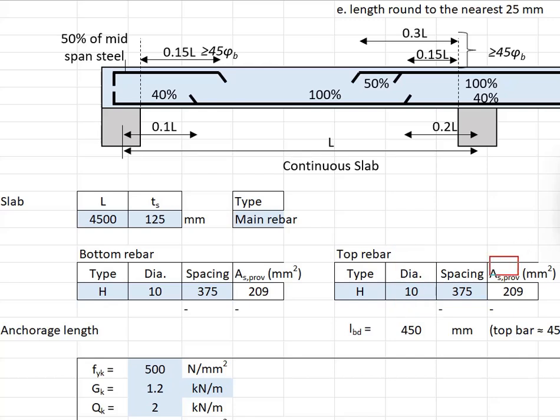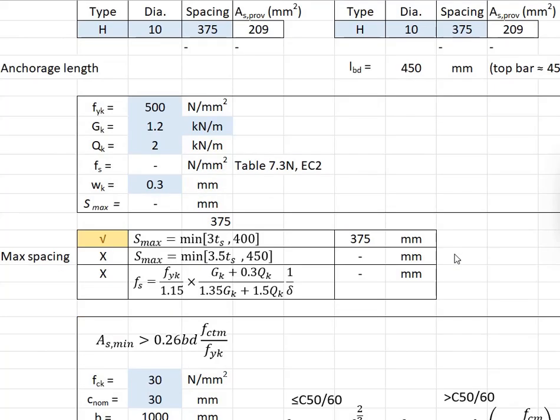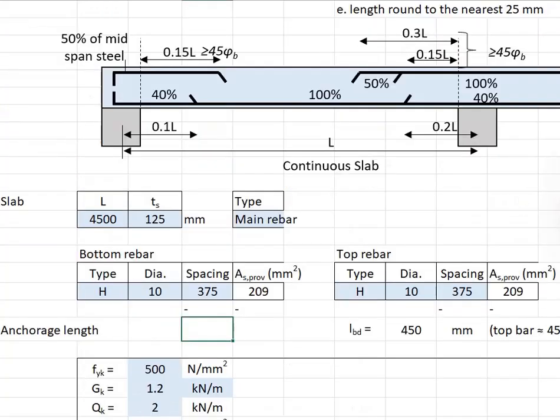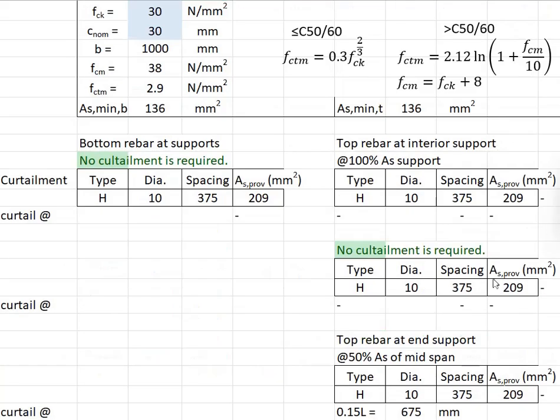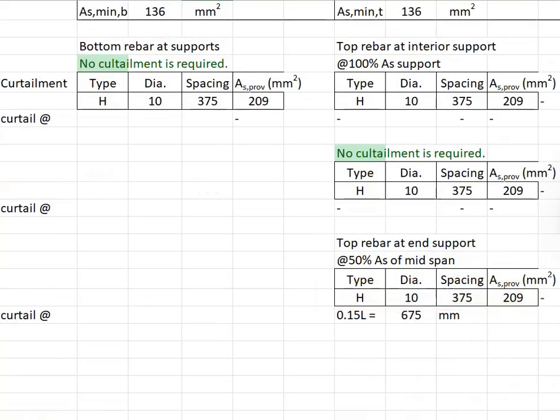Eventually, if you really need to reduce this as provided, the only option is to double the spacing. Doubling the spacing here, you will have an issue with the maximum bar spacing, overshooting this 375. Therefore, at the end of the day, you will need to provide the same amount of reinforcement bar at the end support as the top reinforcement, which is H10-350.